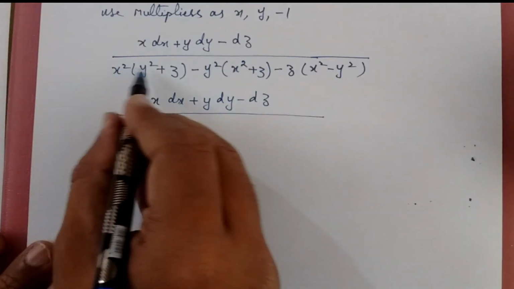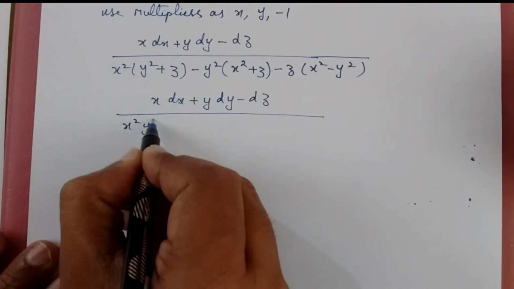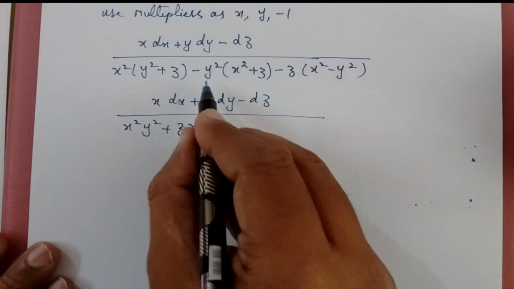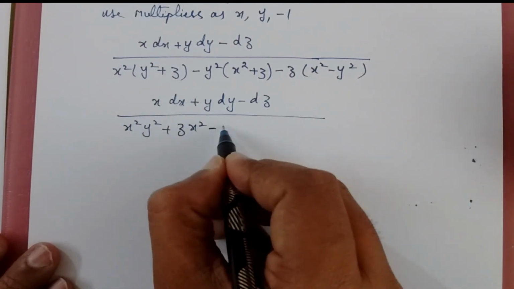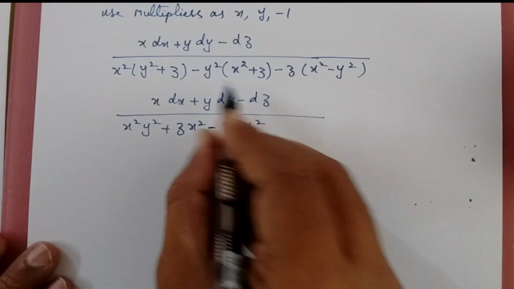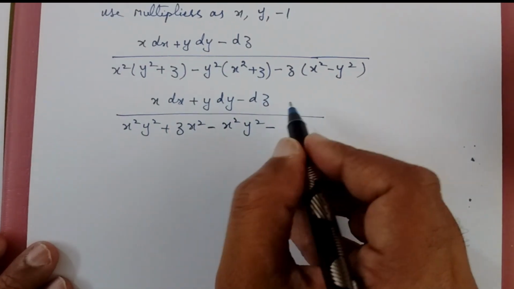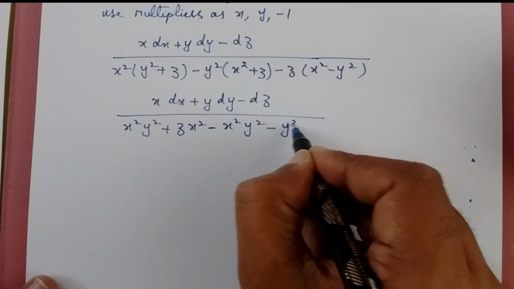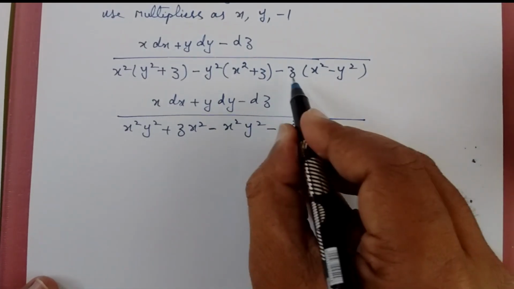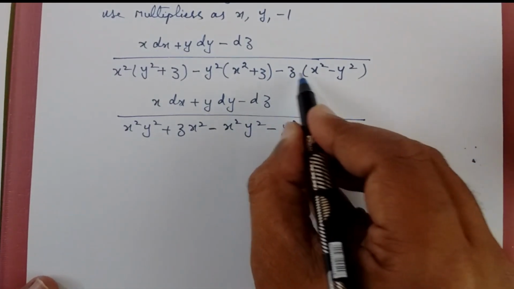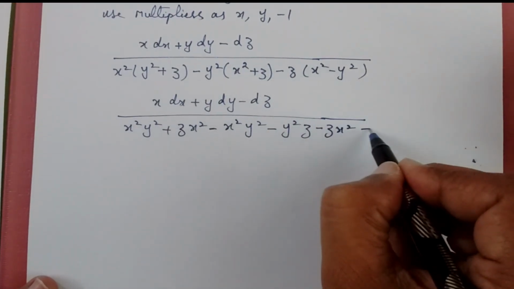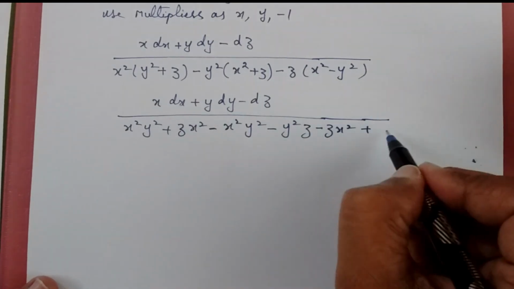Now just multiply x square inside, you'll get x square y square plus zx square. Then multiply minus y square inside, minus x square y square, minus into plus will be minus of y square z. So coming to this one, minus of zx square, and minus of minus will be plus y square into z.